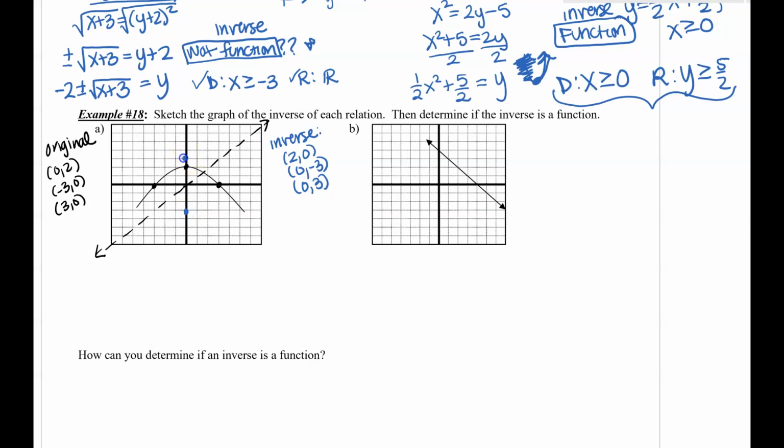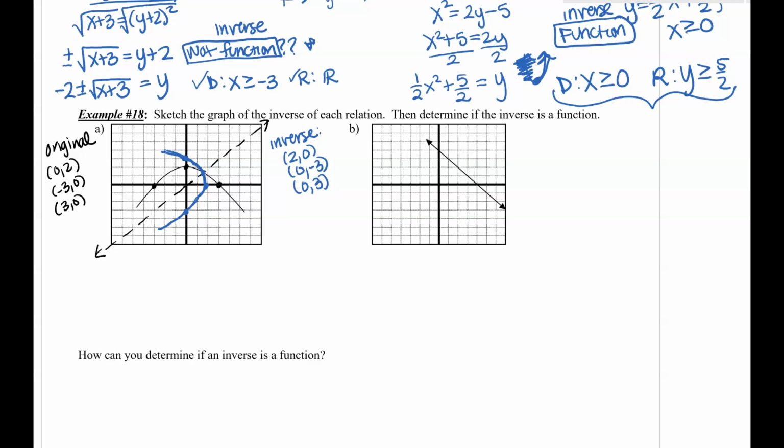Here's 0, 3. Here's 2, 0. And they'll share this point right here on the axis. So this will go something like this. And then you can kind of see that reflection a little bit better. So if you're struggling with drawing the inverses, I would say to use some points to help you.